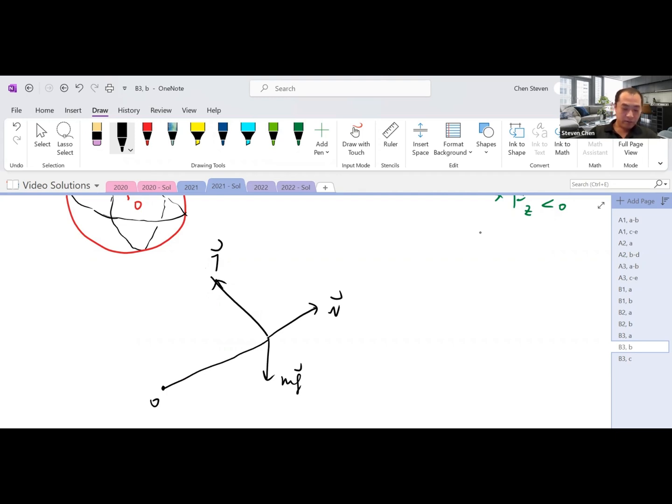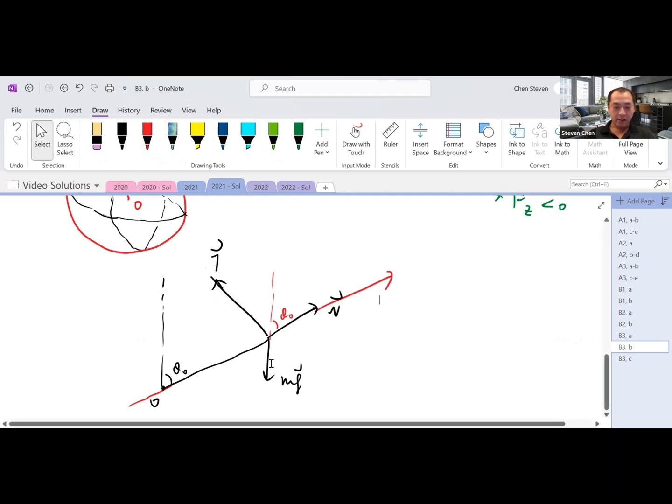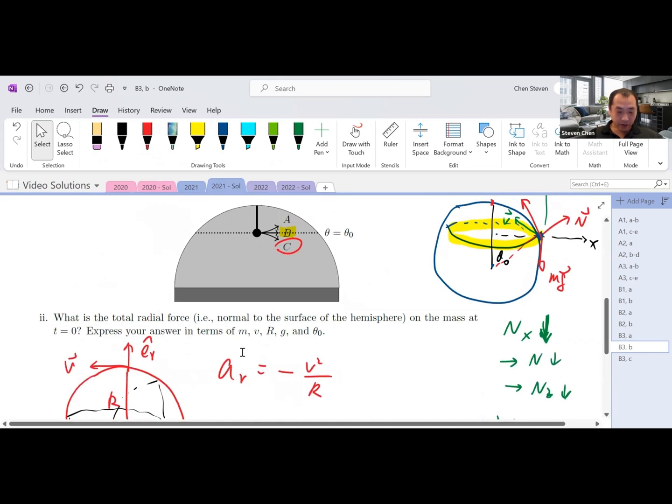Also recall that this is theta naught. Now we should put our focus on the radial direction.